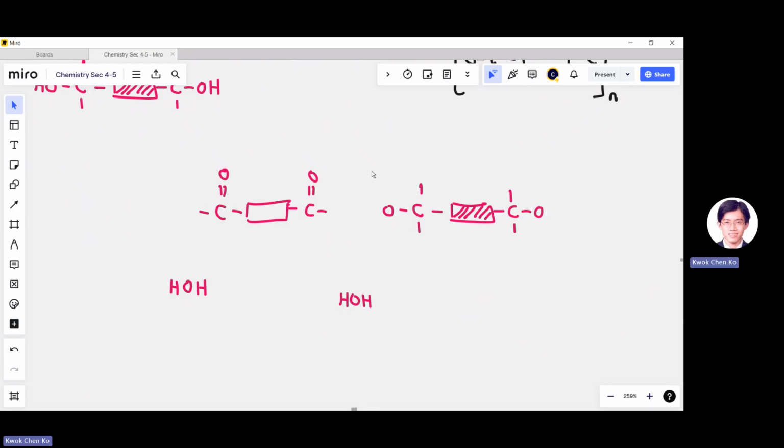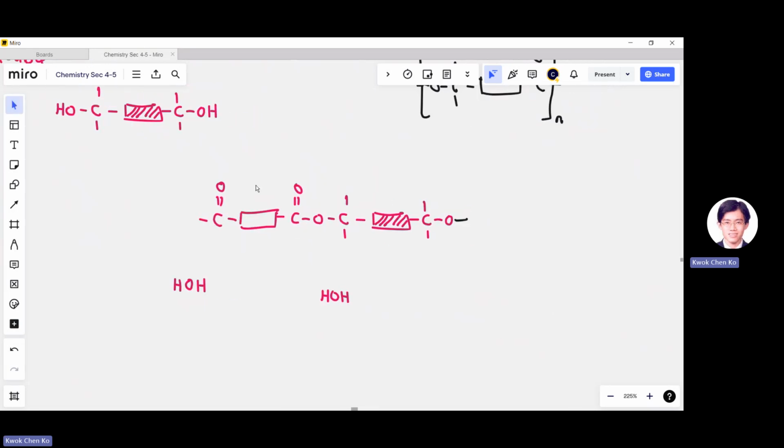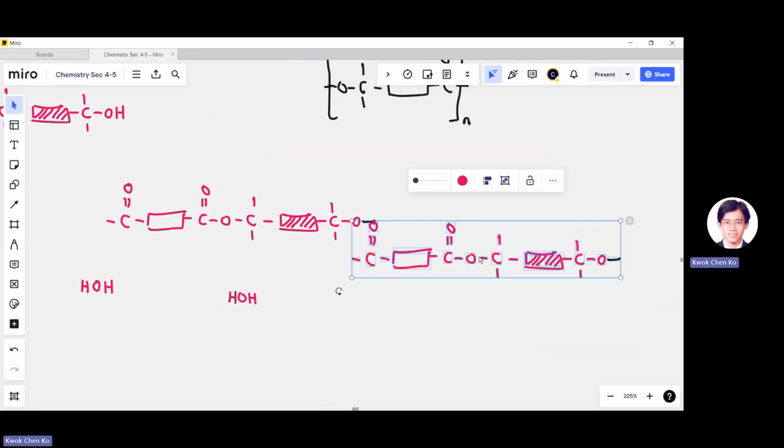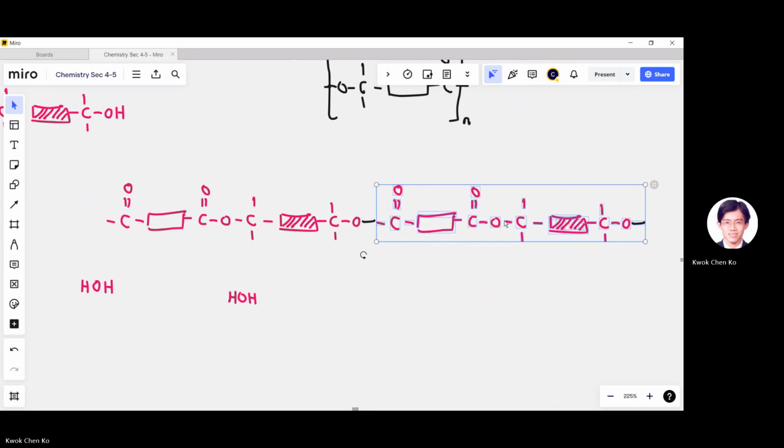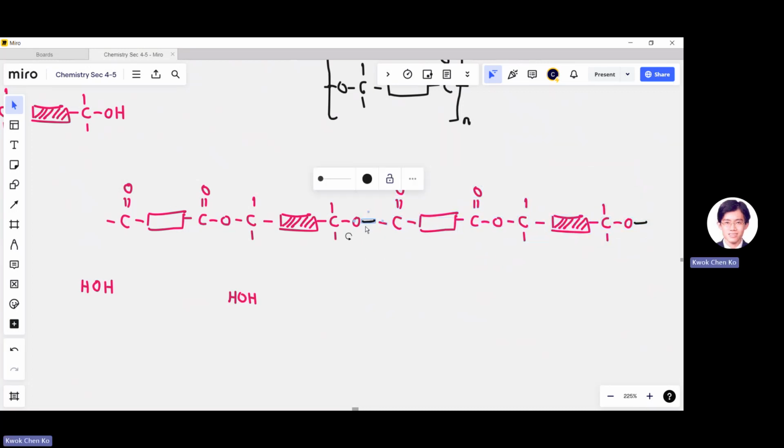So this one just joins over here. Don't forget, draw a bond there. Of course, that's not going to stop at just 2 units. It's going to continue joining, so you have a very, very long chain like this.